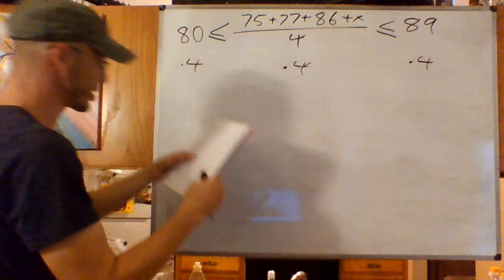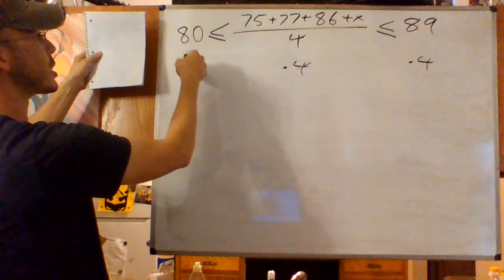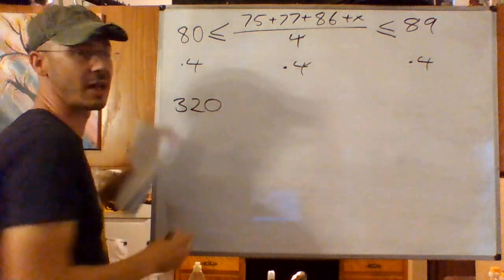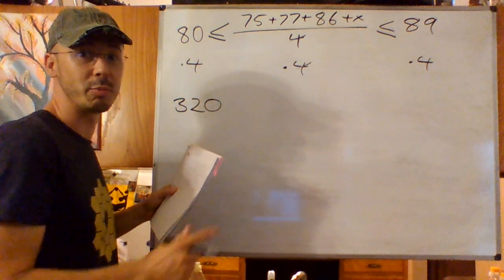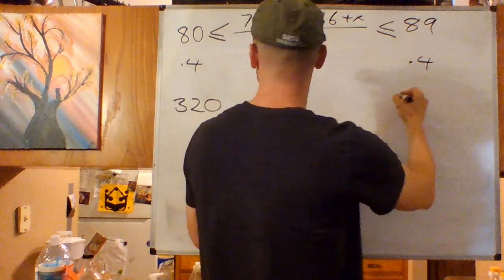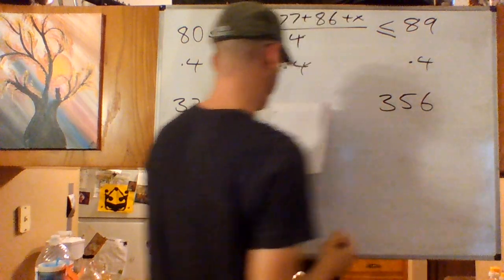Now, I had to get a calculator to do these because the numbers are big. Well, 80 times 4, 8 times 4 is 32, but there's an extra 0, that's 320. I did that one in my head, but this one, I did not. I typed that in the calculator, got 356.